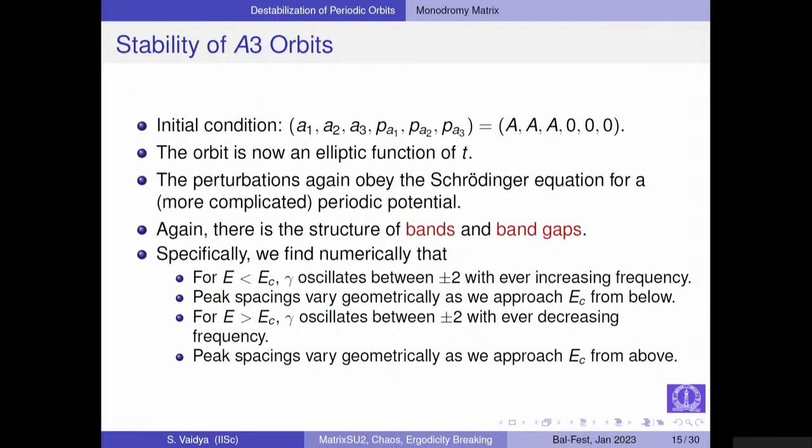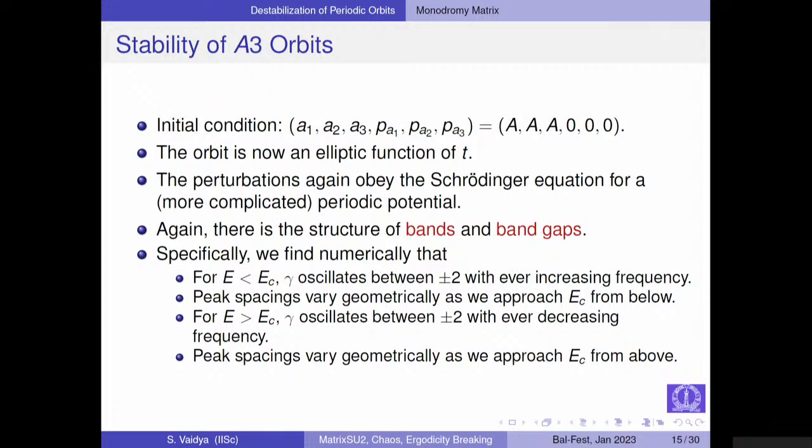And here we find that for energies less than the critical energy, that is, the saddle point energy, our gamma oscillates between plus and minus 2 with ever increasing frequency. And these peak spacings, the places where it destabilizes or becomes stable again, vary geometrically as we approach the critical energy from below.